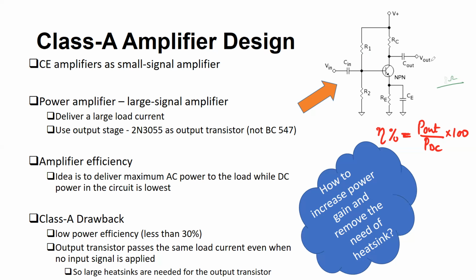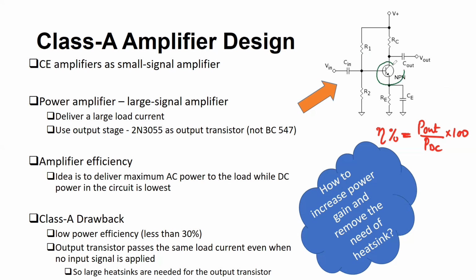Or you want to drive a motor through the load current, and in that case you can use it as a large signal amplifier. The idea is to deliver a large load current. Only then do you call it a power amplifier or large signal amplifier.